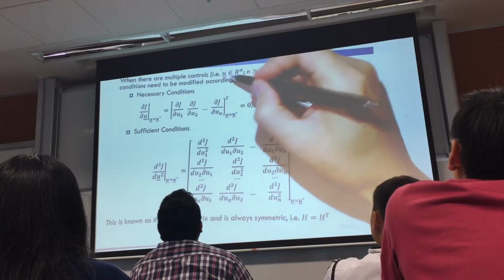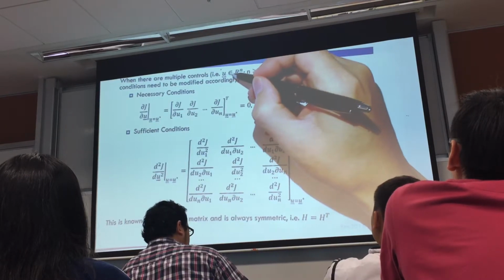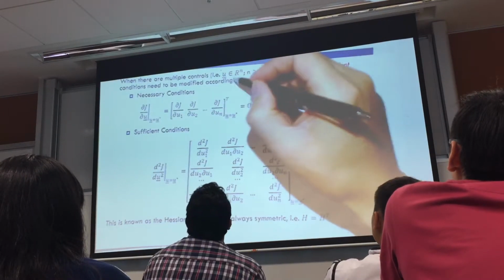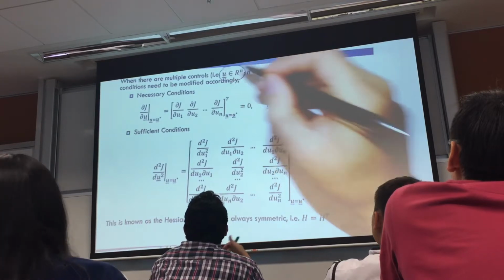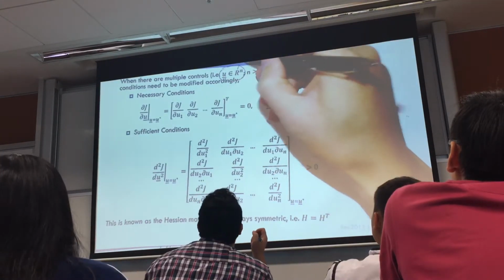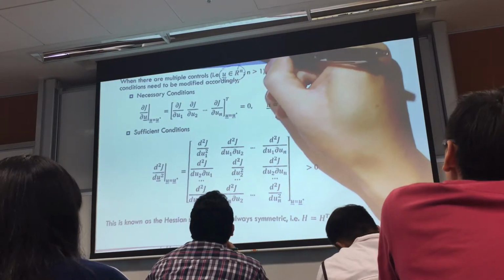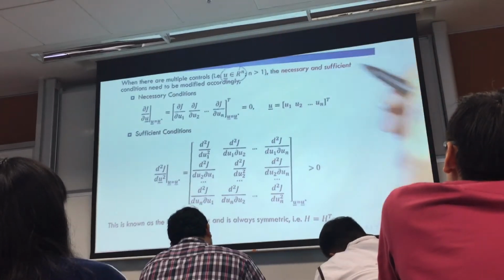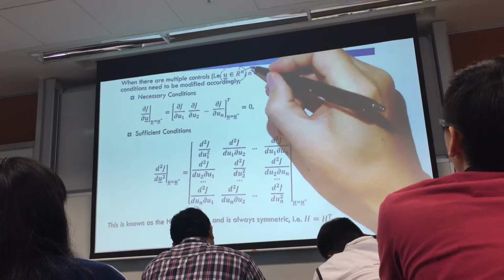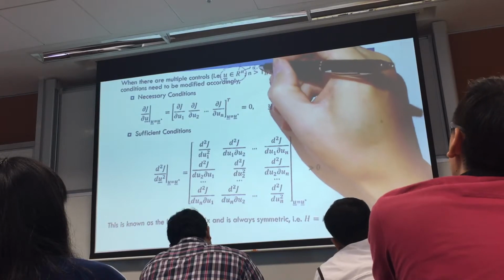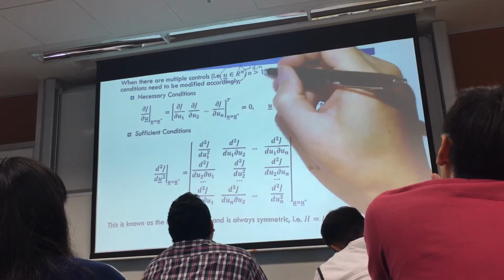In this case, we define the control input to be in R^n. The R means it's a real space, and this n is the dimension.